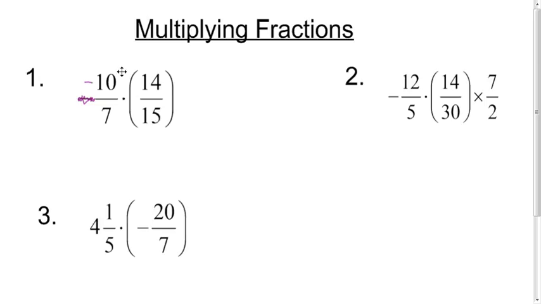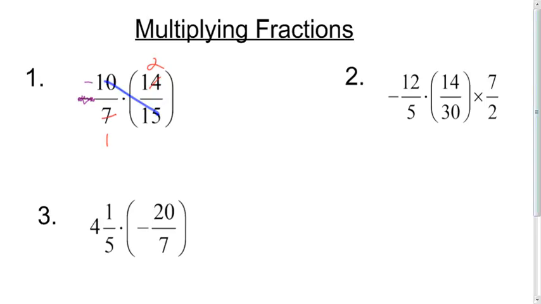Okay, so from there you can proceed and say, let's simplify using GCF on this bow tie type of shape. Okay, and you can sit there and say, does anything go into -10 and 7? No. 7 and 14, though? Yes. 7 goes into both, so I'll divide both by 7. Get 1 here and 2 here. Then continuing to look, is there a GCF of interest other than 1 for 2 and 15? No. But what about -10 and 15? There is. Again, I don't ask, does 10 go into 15?